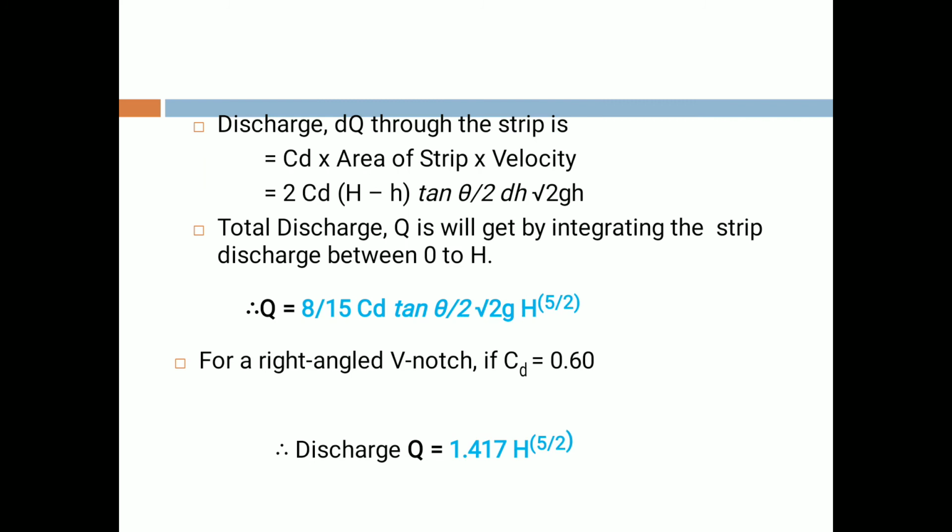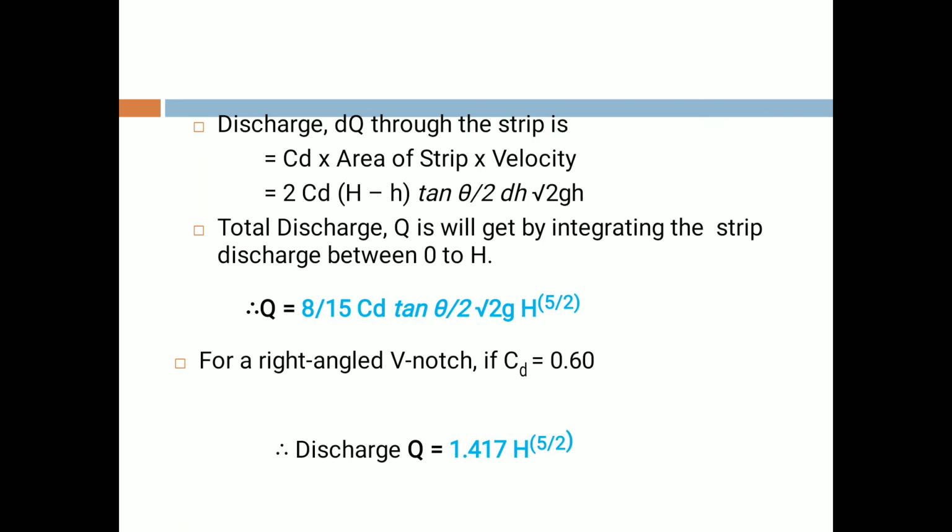For a right angle V notch, if Cd is equal to 0.6, then discharge Q is given as Q equal to 1.417 H to the power 5/2. So, the equation Q is equal to 8/15 Cd into tan theta/2 into under root 2g multiplied by H to the power 5/2 is the general equation by which we can calculate the discharge over the triangular notch or the weir.